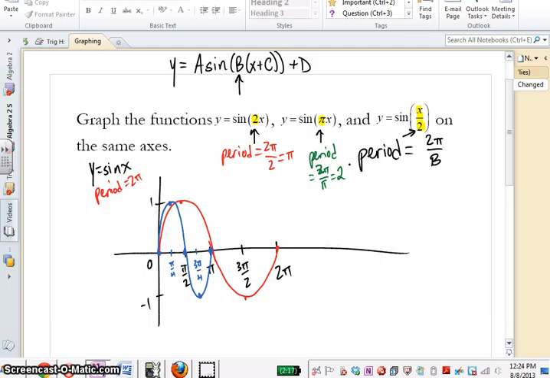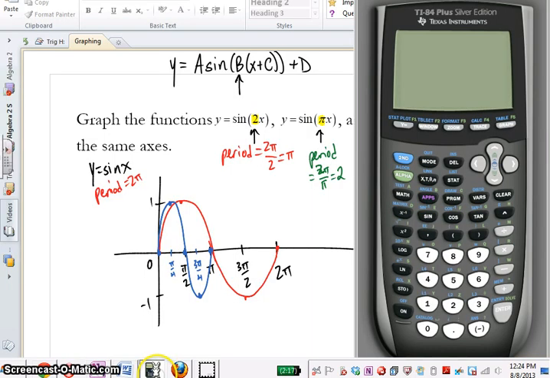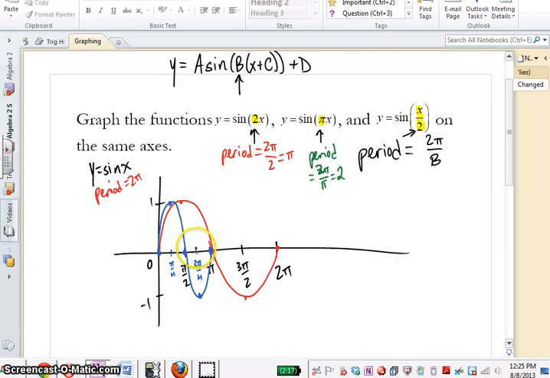I know that pi is about 3. I'm not sure exactly where 3 pi over 4 is, so we can look at our calculator and see that 3 pi over 4 is just about 2.3. So I want my entire graph to finish just before 3 pi over 4. And I know that it's going to start in the same place.